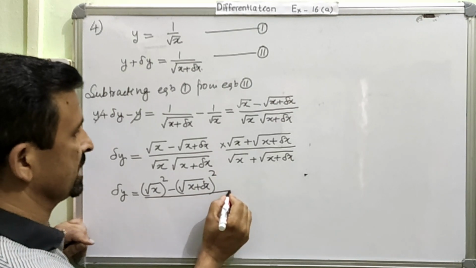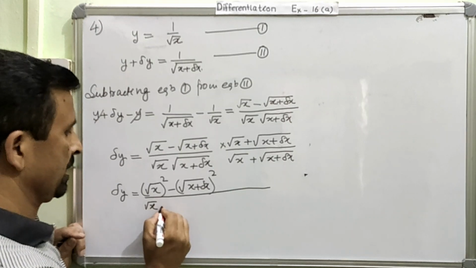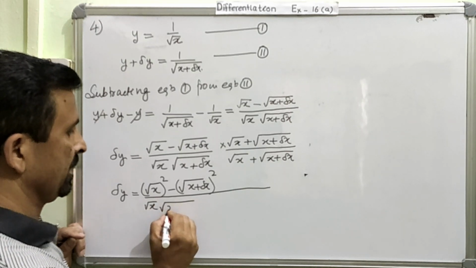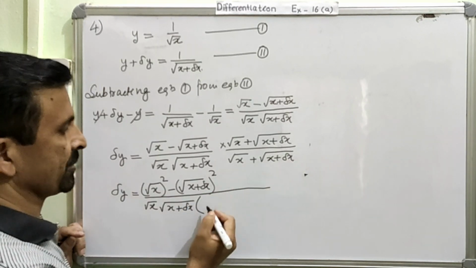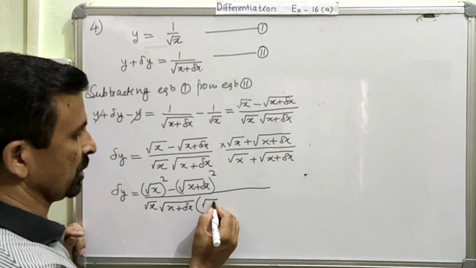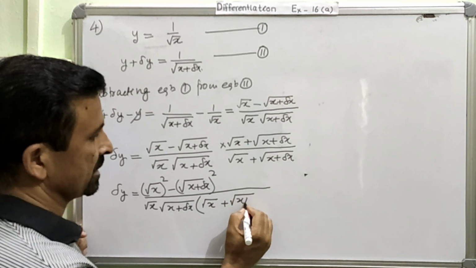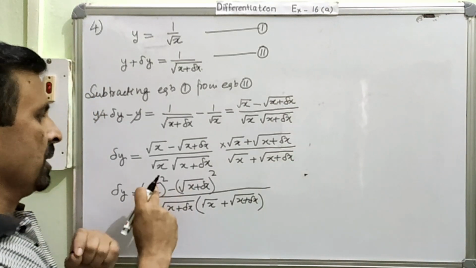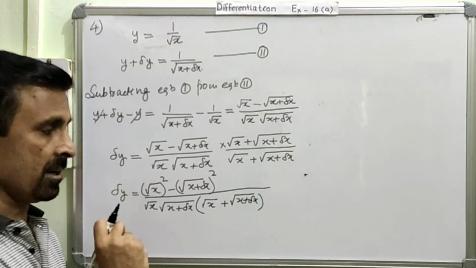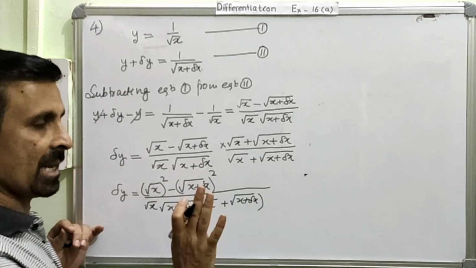Denominator will be as it is, root x root over x plus delta x. This is in the form of a sum, so we'll write in the bracket root of x plus root of x plus delta x. Clear? Now you know the square and square root will cancel each other, so this will become just x and this will become x plus delta x only.